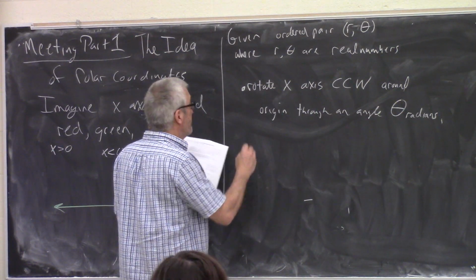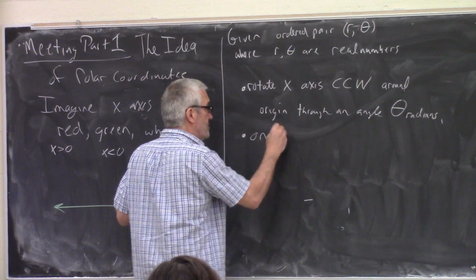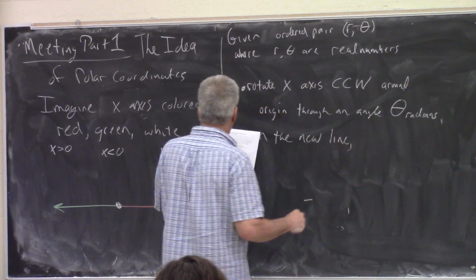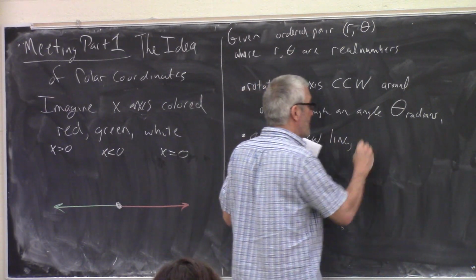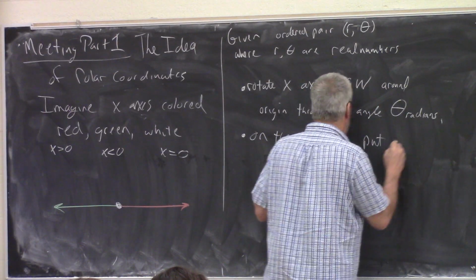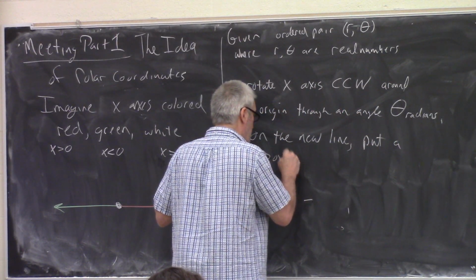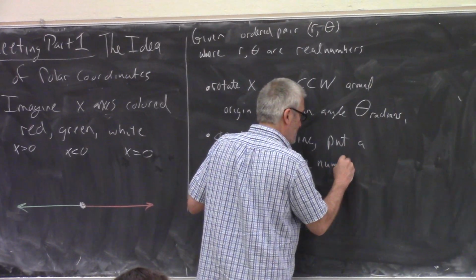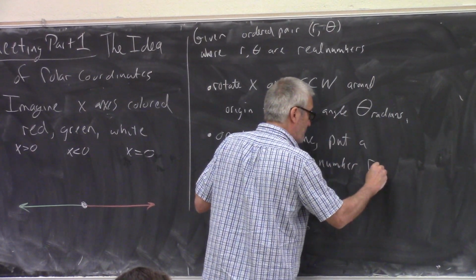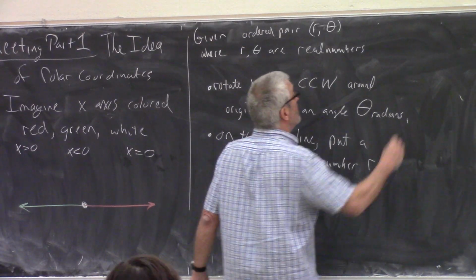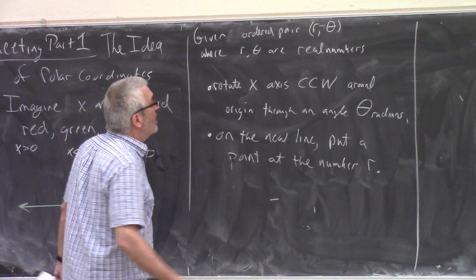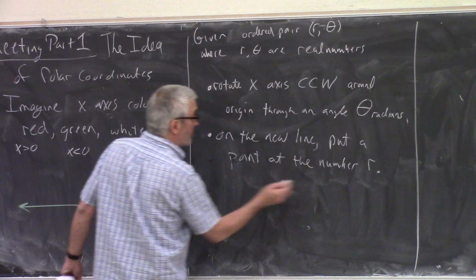And then on this new line, put a point at the number r. So there we go. There's how we go from an ordered pair (r, theta) to the number r.